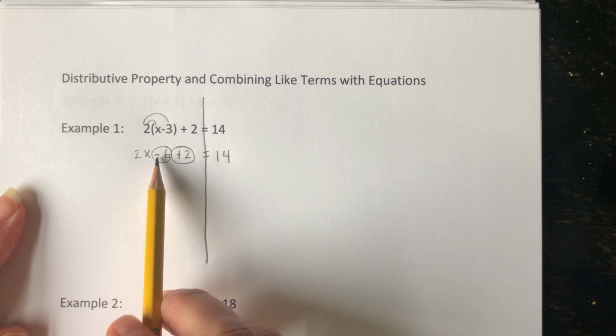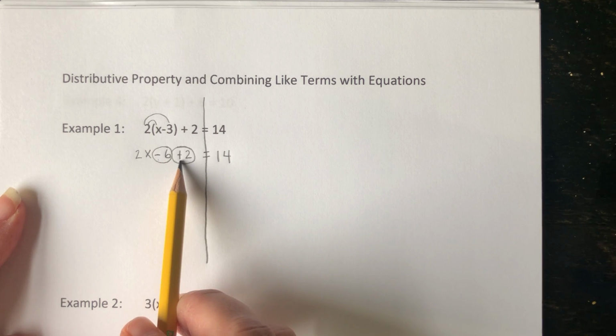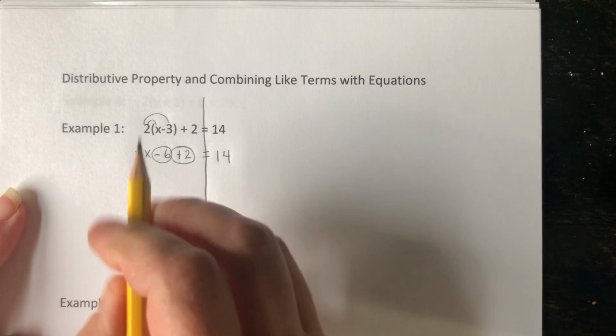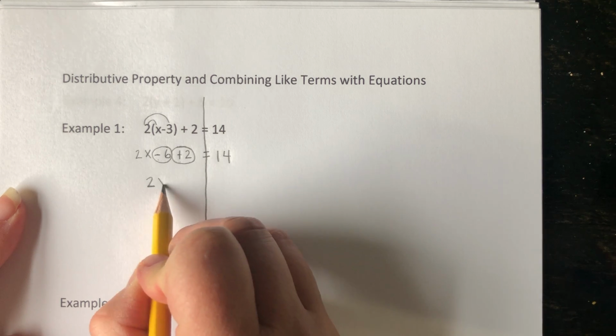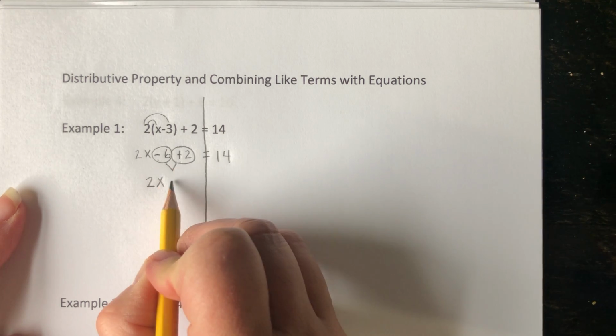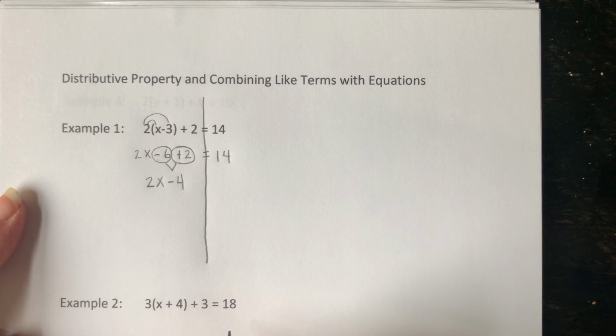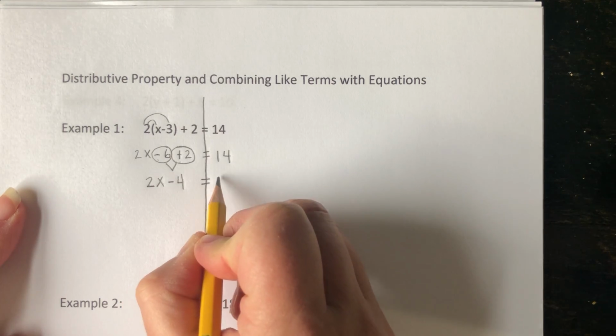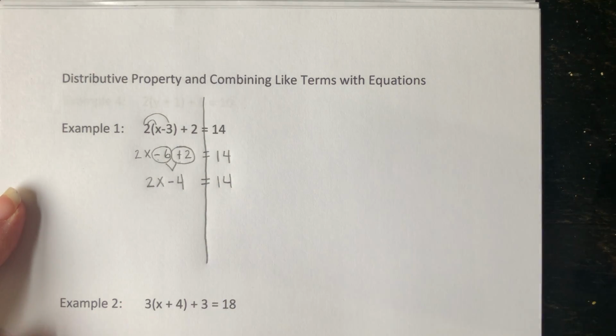If there is a minus sign before this 6, it becomes a negative 6. So I have a negative 6 plus 2. If you plug that in your calculator, remember that's going to be a negative 4. So just be careful there. So I'm going to have 2x. These combine to be a negative or minus 4, same thing, equals 14.